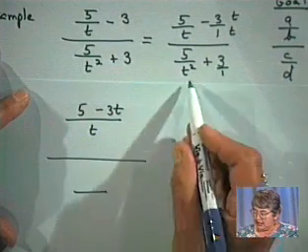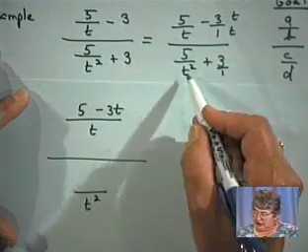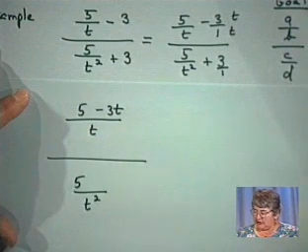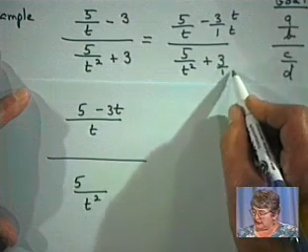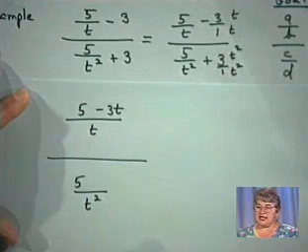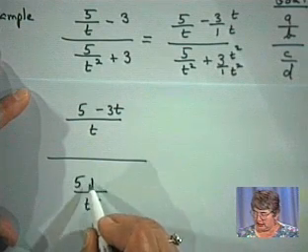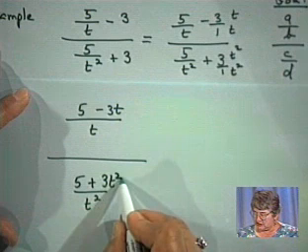For the denominator, our common denominator in this case is t squared. The 5 over t squared already has that denominator, and so we leave it. The 3 over 1 does not have t squared as a denominator, so we'll multiply the denominator by t squared, and that means the numerator by t squared as well. So we have 5 plus 3t squared divided by t squared.